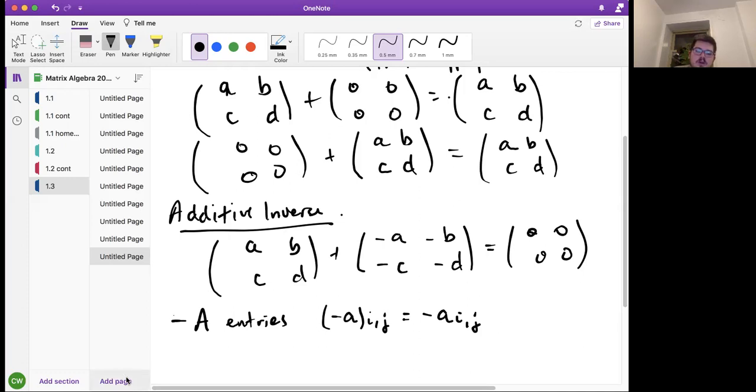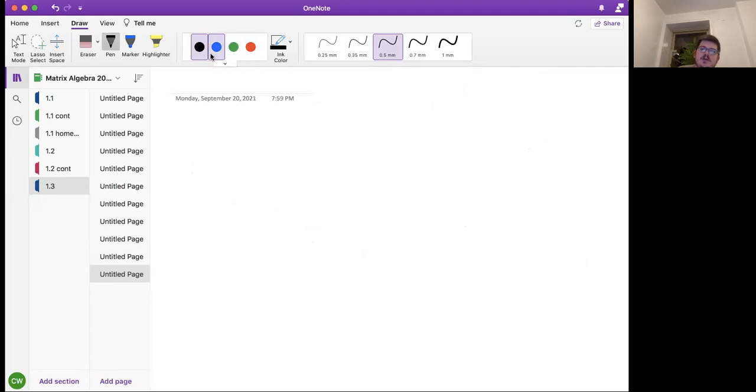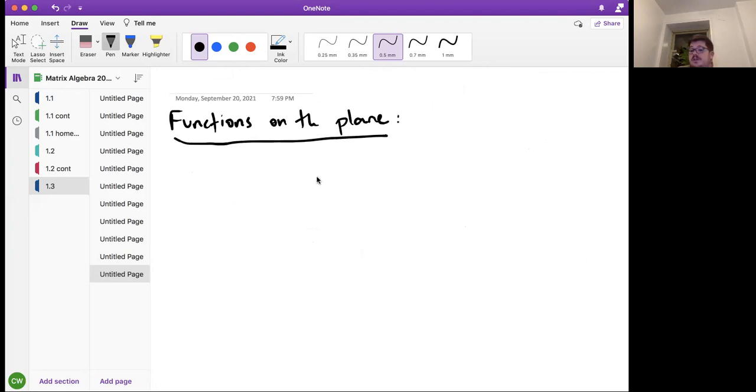Okay, before we go right to multiplication, I'm going to take a little detour into functions. This may or may not be your first time seeing functions in two variables, but we'll ease up to it.